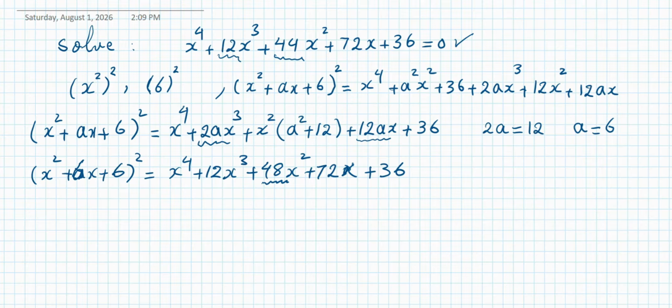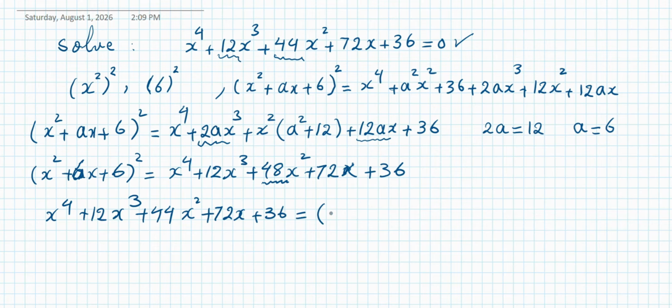So our equation for the problem, which is x to the 4 plus 12x cubed plus 44x squared plus 72x plus 36, would be equal to x squared plus 6x plus 6 squared minus 4x squared.